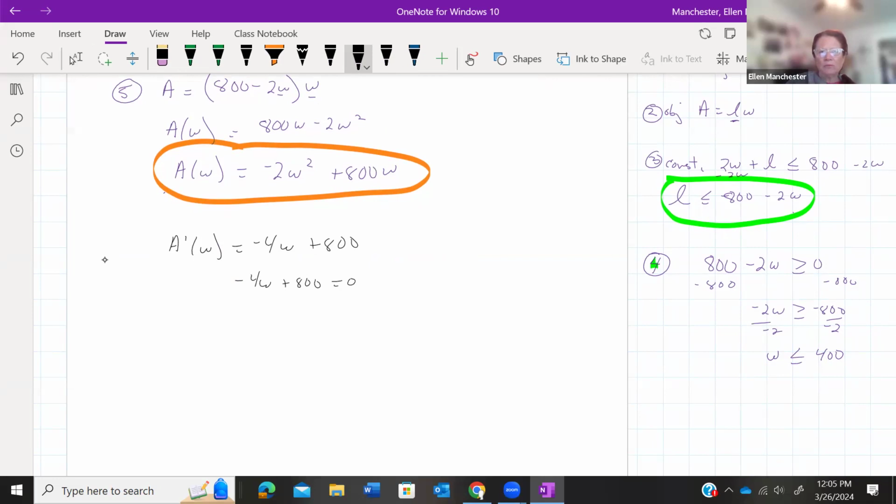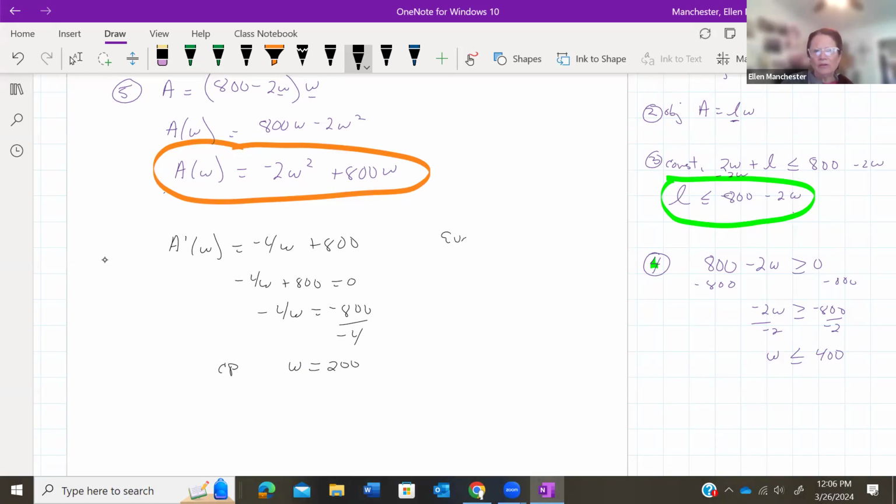And I can move my 800 over. Divide by 4, and I get W equals 200. Okay, so there's your critical point.